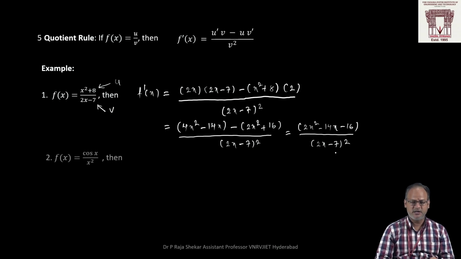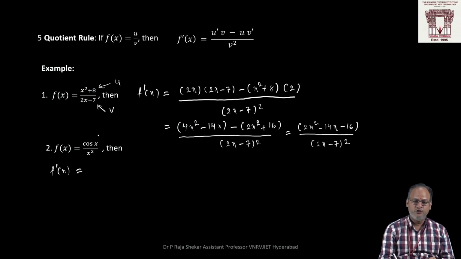Just similar to it, one more example along these lines, where I have f of x as cos x divided by x square. Then what will be the derivative, f dash of x? Now what is u? u is cos x, the numerator. What is v, the denominator? It is x square.